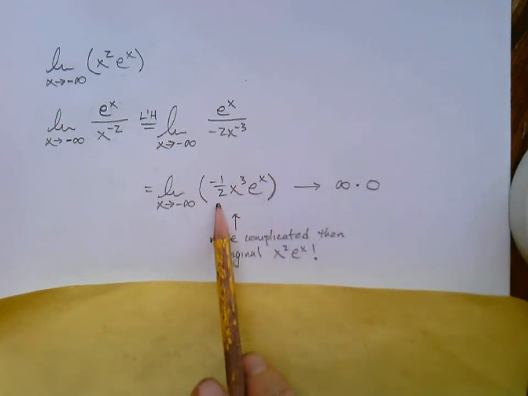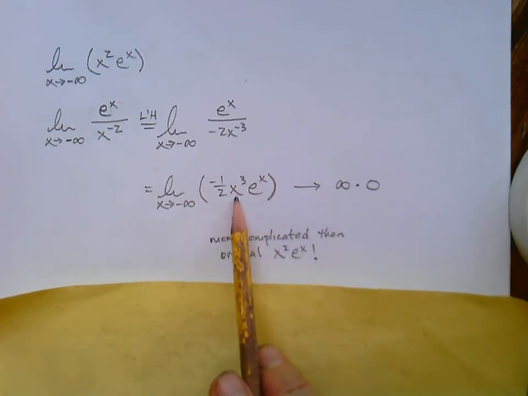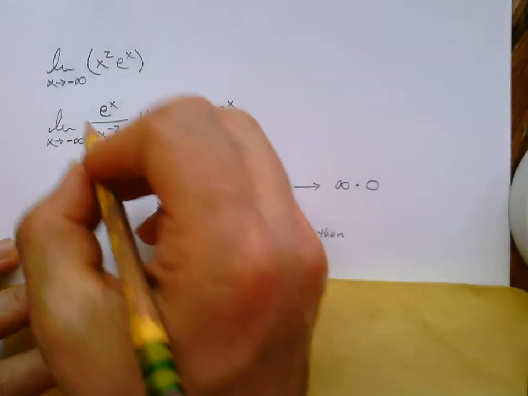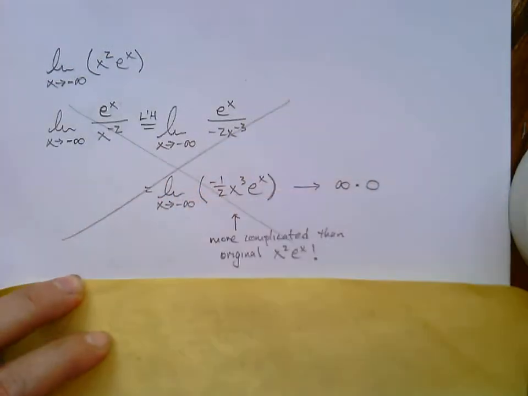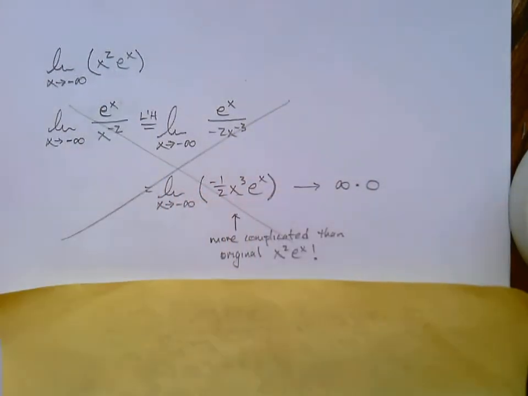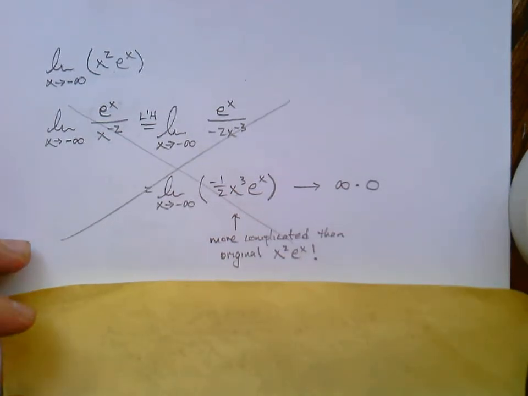You know, the negative 1/2, well, okay, but we've got x cubed. Oh no, it's getting worse. So this was not the way to go. If it's more complicated than the original, it didn't give us an answer, right? It's not a good idea.